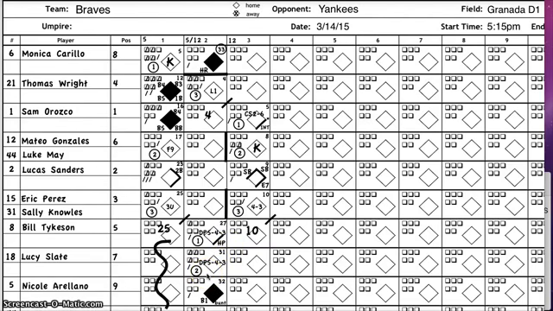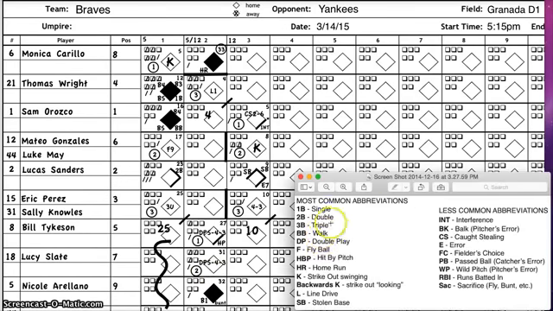Next batter, Lucy comes up. Lucy gets 2 balls, 1 strike, and then grounds into that double play. So we know DP is our abbreviation for double play, right over here. And the double play goes from, remember, whenever we mark offensive outs, we write down the position of the defensive players that handled the ball in the order that they handled it.